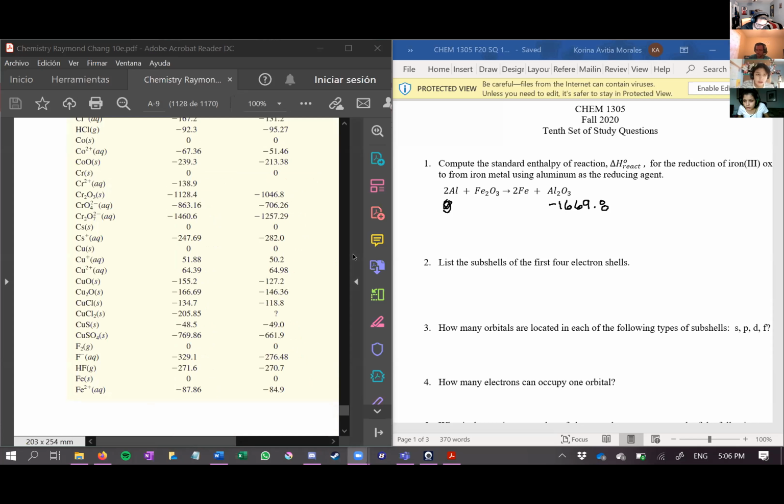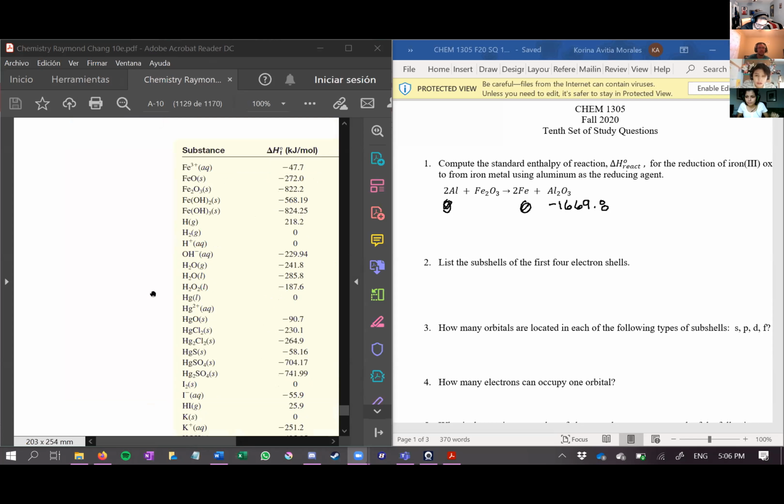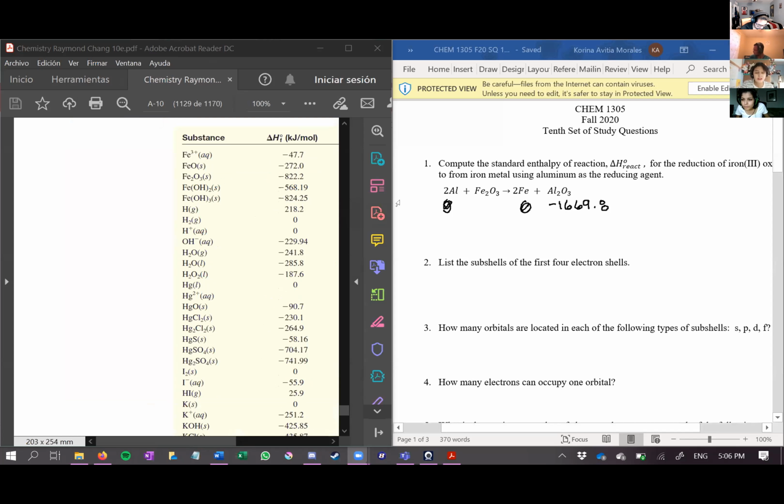So for iron, we have 0. And for iron oxide, which one is it? Negative 822.2. Okay, so now we have our enthalpies.